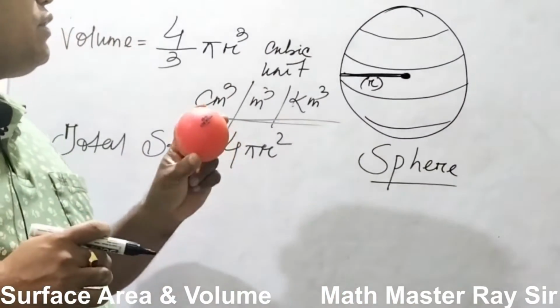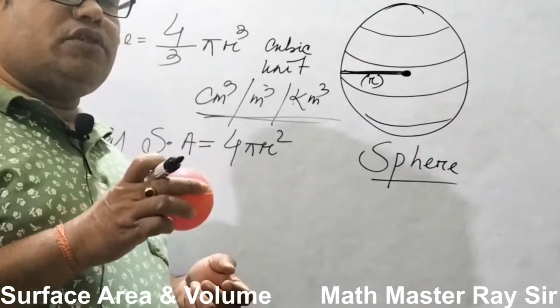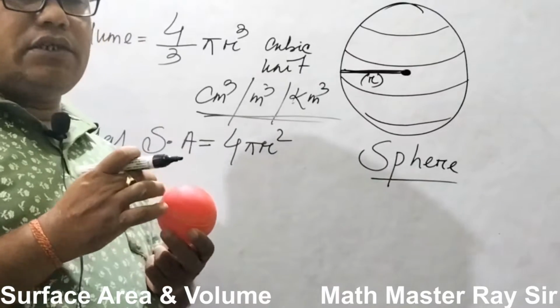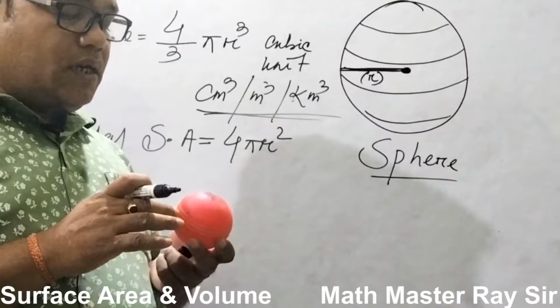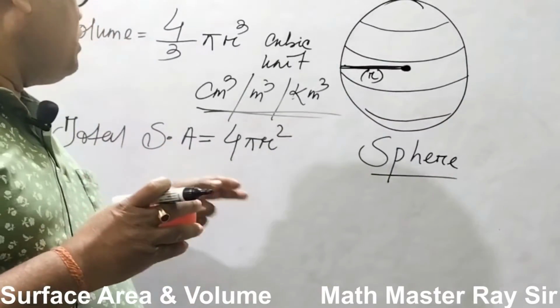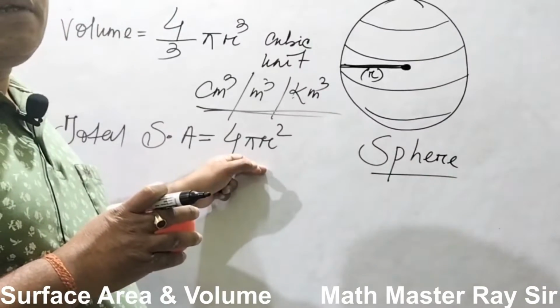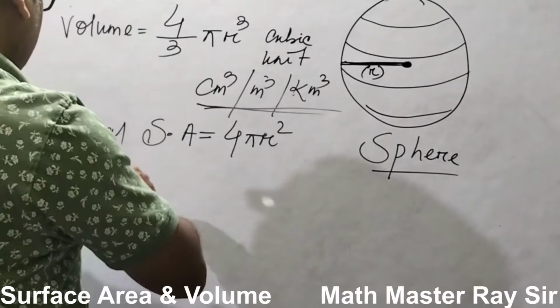This is a sphere, a spherical ball. We'll have to find out the volume of this ball. That means we first consider the radius. After that, volume will be 4 by 3 pi r cube. If I have to find out the total surface area of this ball, then it will be 4 pi r square.